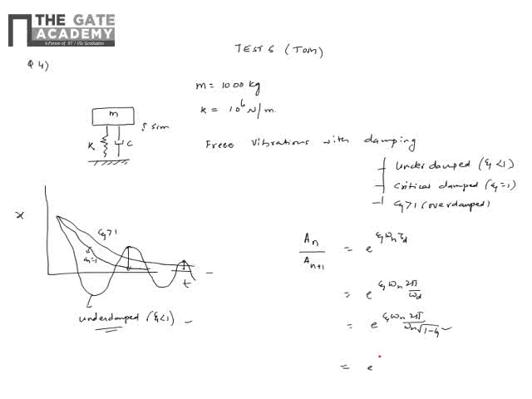So this value comes out to be 2 pi chi by root 1 minus chi square, entirely in terms of the damping ratio. A_n by A_(n+1): the ratio of two successive amplitudes in free damped underdamped vibration.